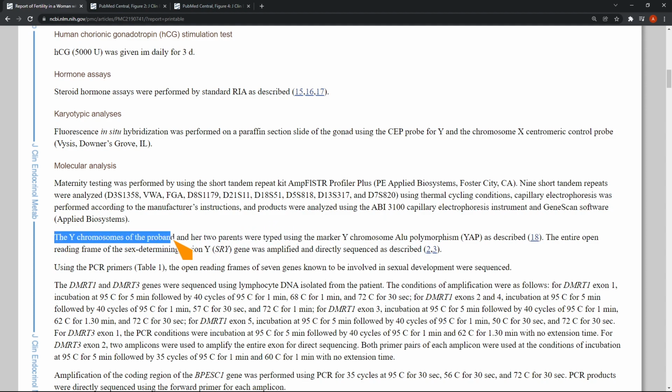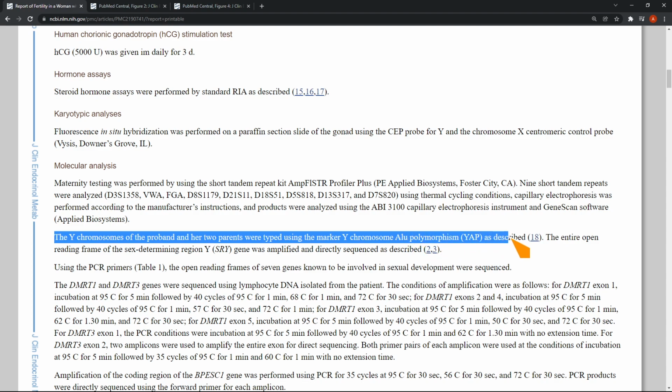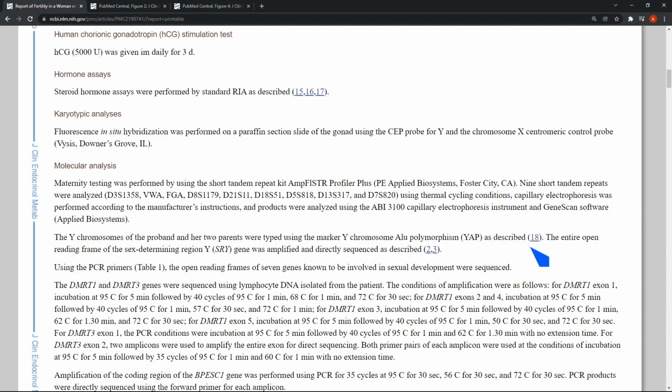Moving on, the Y chromosomes of the proband and her two parents were typed using the marker Y chromosome alloplymorphism, YAP, as described. And I read through this paper. It's from the late 90s, and it is just talking about a really cool, highly specific and unchanging marker in the Y chromosome.